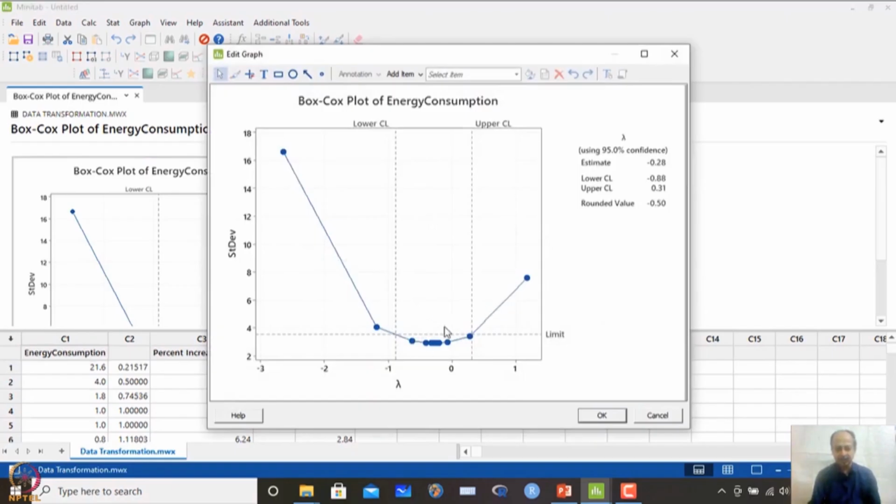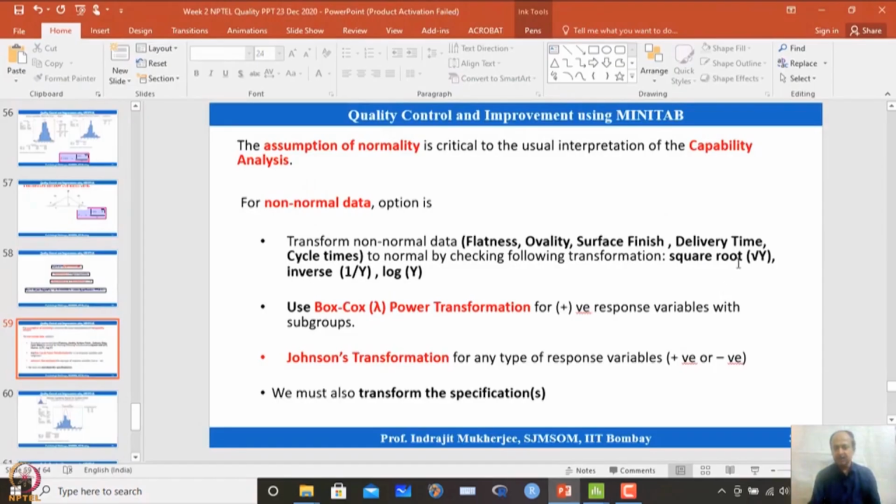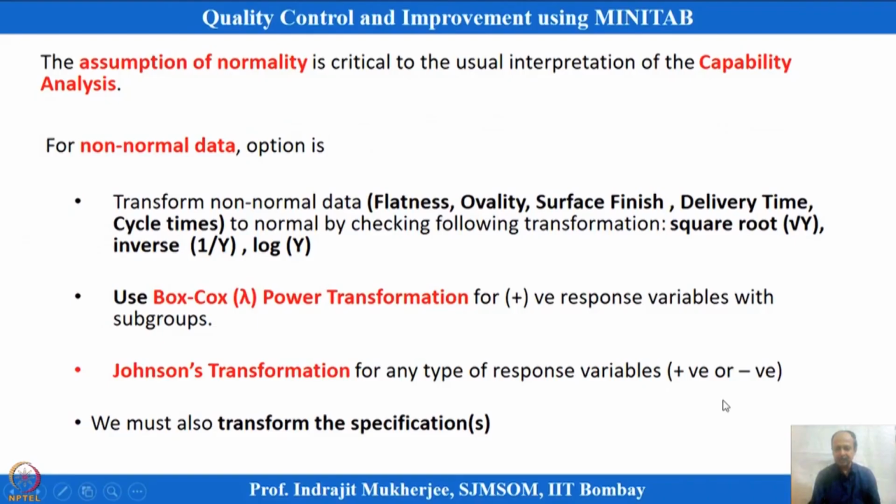The optimal lambda calculated is around minus 0.28, and it will give you a rounded value, minus 0.5. So the Box-Cox transformation is getting y to the power lambda.